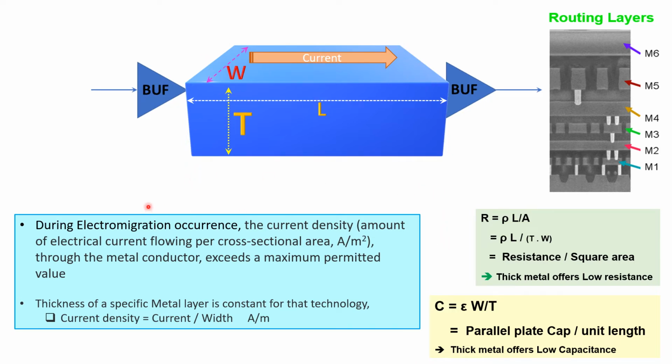It can have more, but we will take the overlap capacitance. That area will be W into L, but since we are talking per unit length, instead of A we will just put W. So epsilon W by thickness. A higher thickness metal layer offers lower capacitance here also.